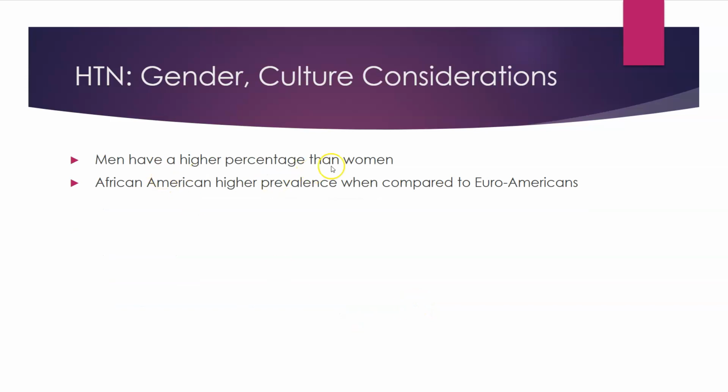Men do have a higher percentage than women, but towards the end of life, as women gain age, wisdom, and beauty, they tend to have higher rates of hypertension. Also, culture can play a factor with this. African Americans do have a higher prevalence of this compared to Caucasians.